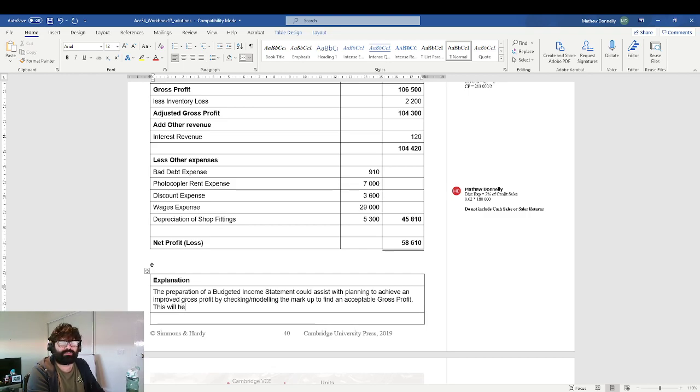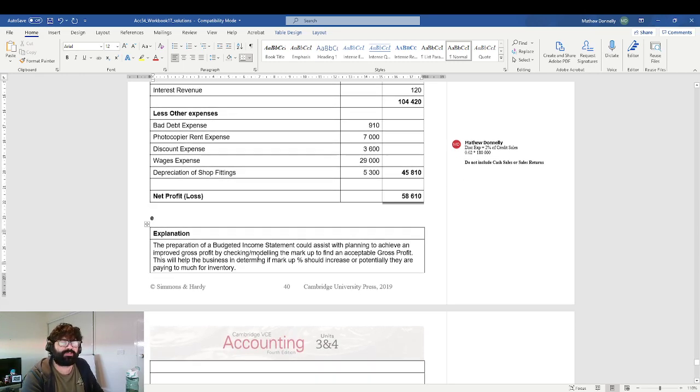This will help the business in determining if the markup percentage should increase, or potentially they are paying too much for inventory. So it's just those little considerations.